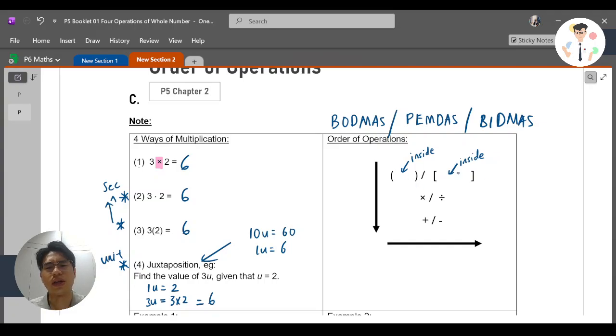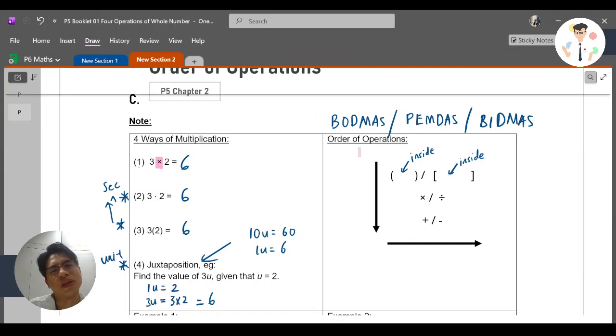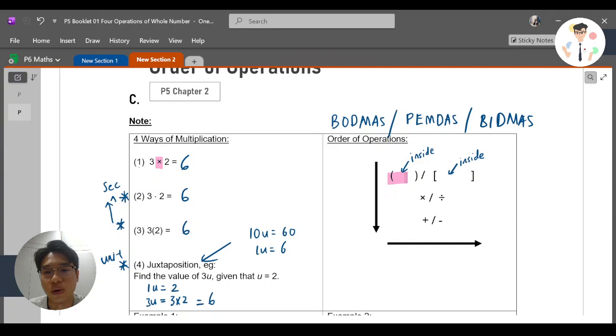But teacher, why are there two? One is parenthesis, one is bracket. Usually we use parenthesis first. If parenthesis has been used, then we use a bracket. But honestly speaking, in PSLE, most of the time, if it really happens, it will only be parenthesis. I don't really see much of the brackets.